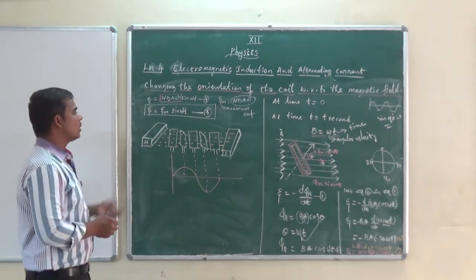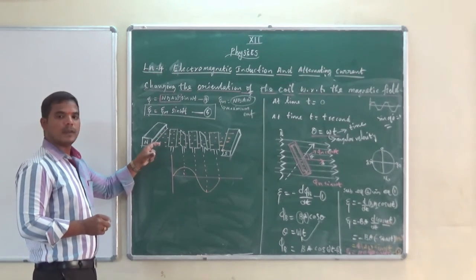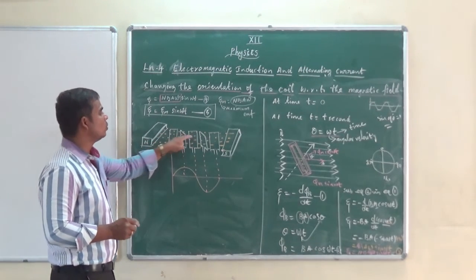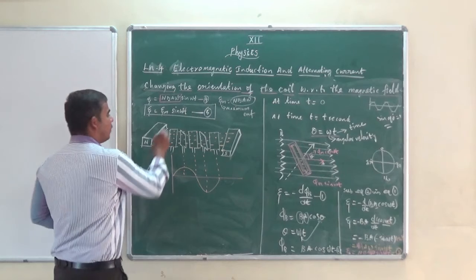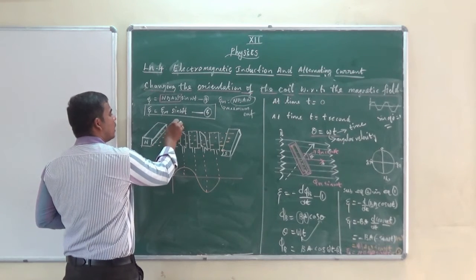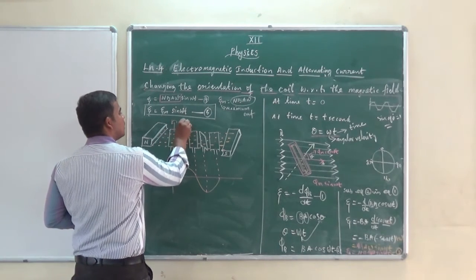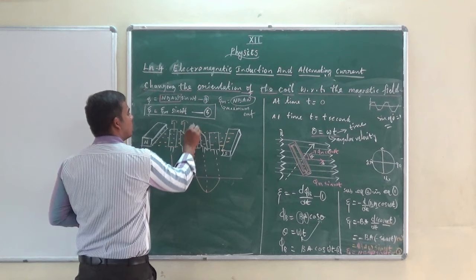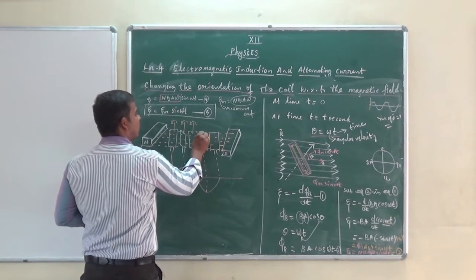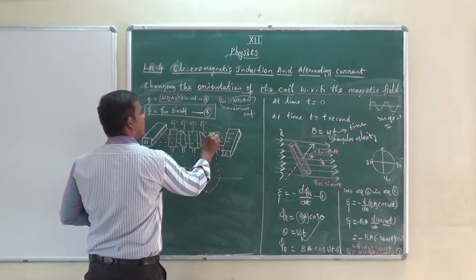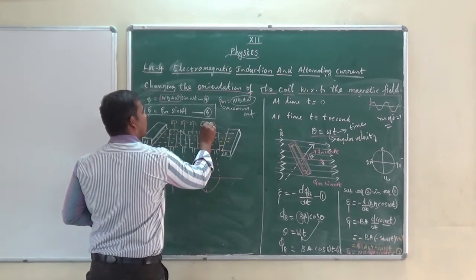So the coil has 5 positions: 1, 2, 3, 4, 5. See the board. The coil rotates with respect to the magnetic field in the anti-clockwise direction. Each coil has the same area.